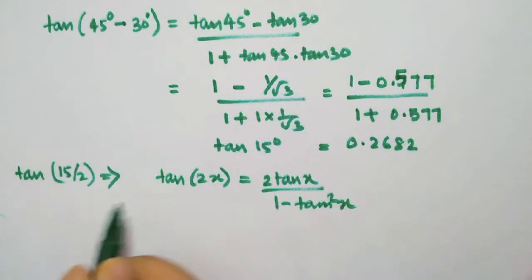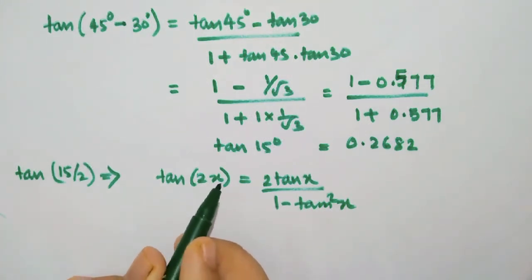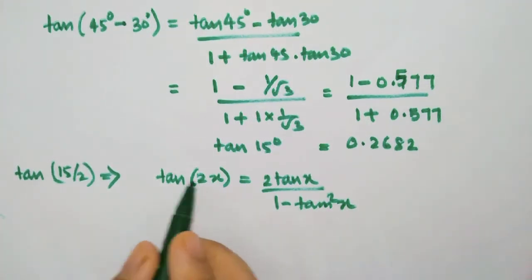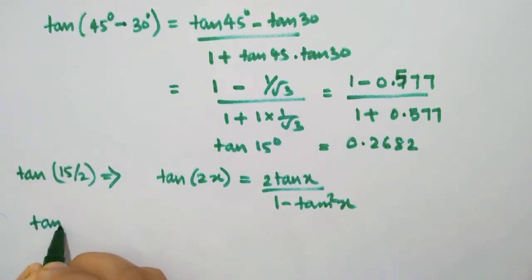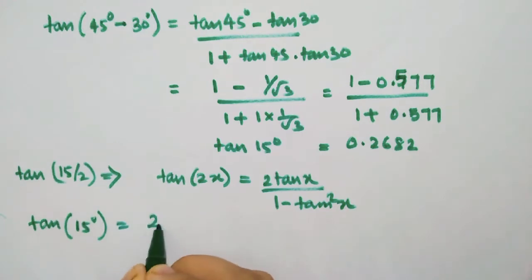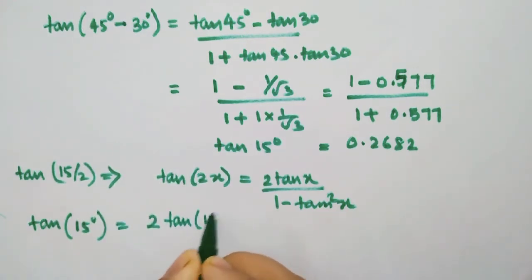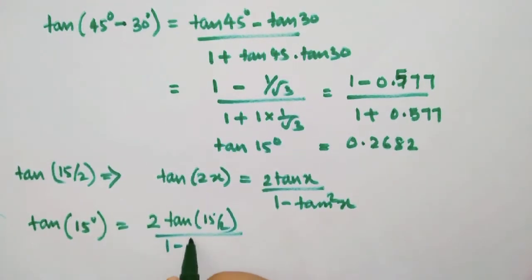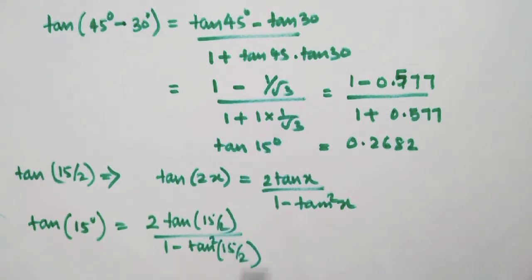So for x I will substitute 15 by 2. Then this will become tan of 2 into 15 by 2, that is 15 degree, is equal to 2 tan 15 by 2 by 1 minus tan square 15 by 2.